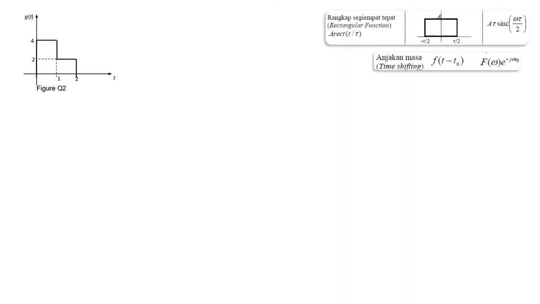Okay, in this example, I would like to divide this g(t) into a combination of g1(t) plus g2(t). So you need to write the equation of g1(t) plus g2(t).